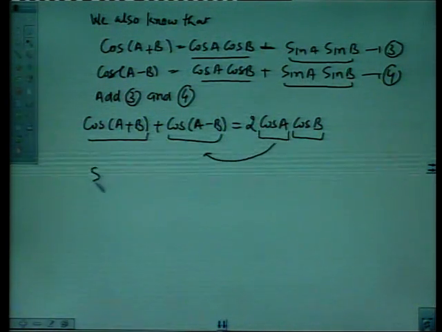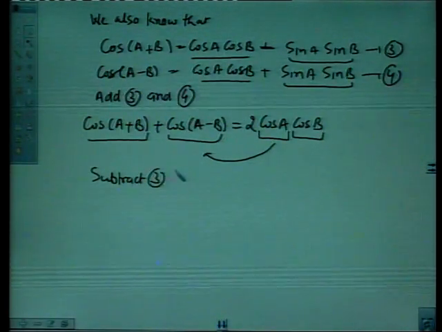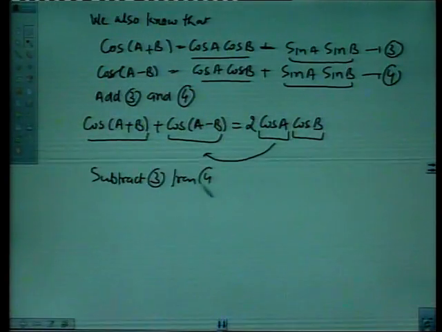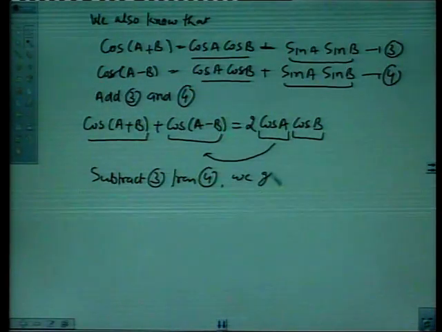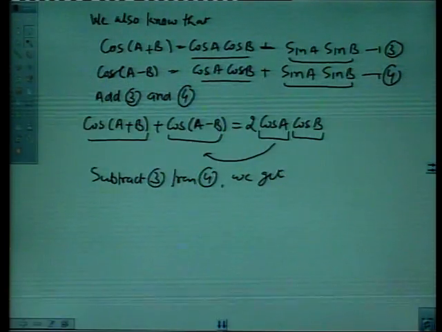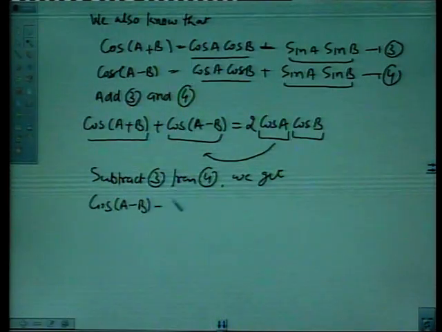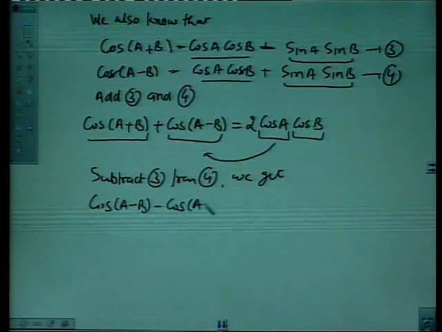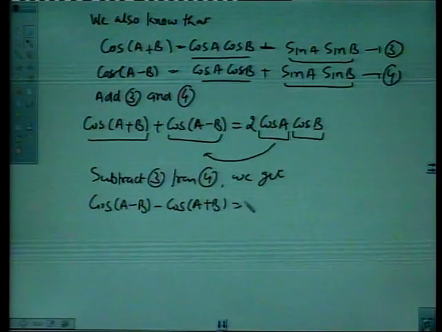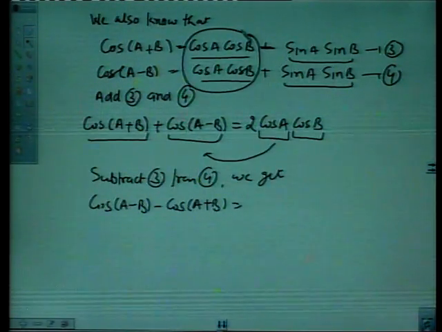Similarly, if you subtract equation number third from equation number fourth, what do we get? We are subtracting the third equation from the fourth. It becomes cos A minus B minus cos A plus B. When you subtract, these are the common terms, this term will cancel out.